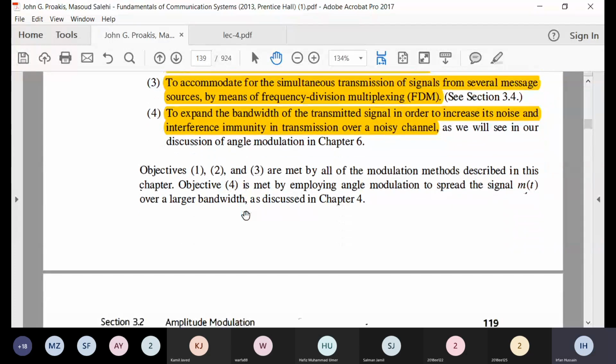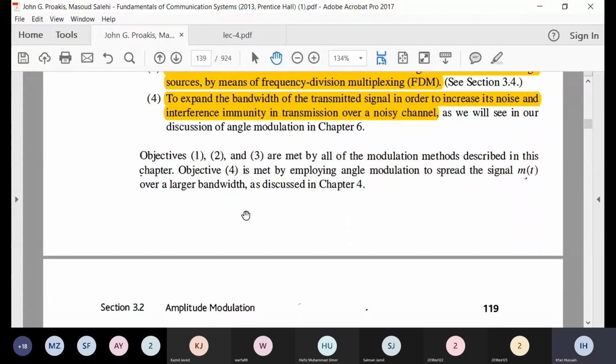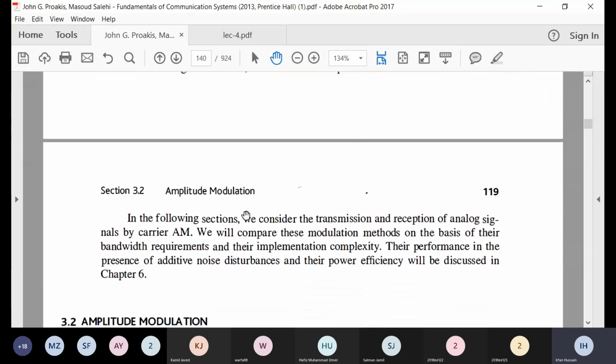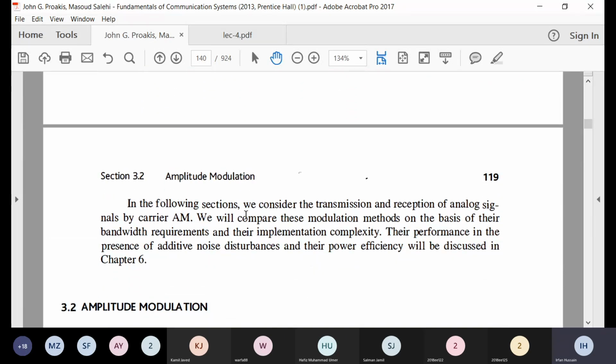The first 3 objectives will be met in this chapter. For the fourth, that will be discussed mostly in chapter 6. He mentioned chapter 4, but the noisy channel he will be discussing more in chapter 6.